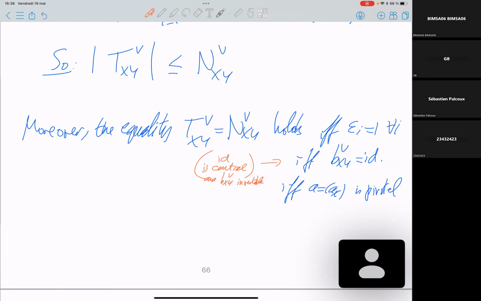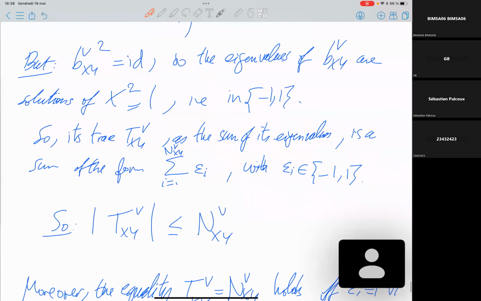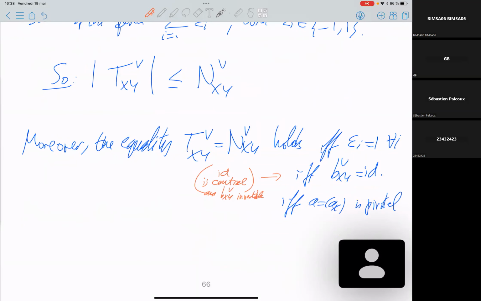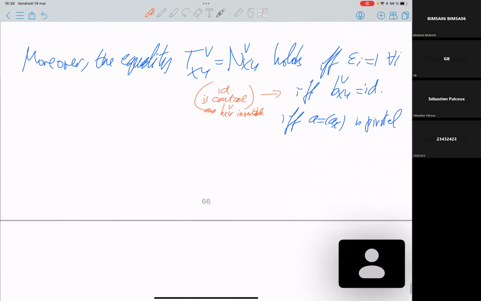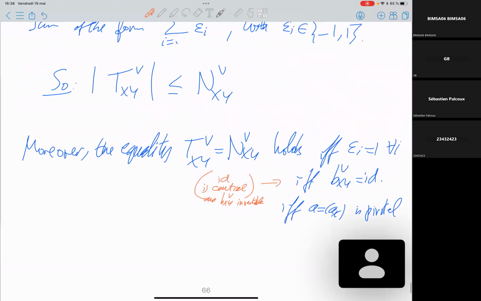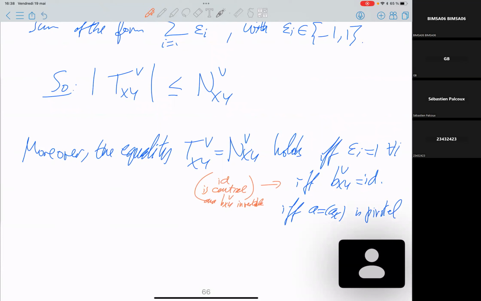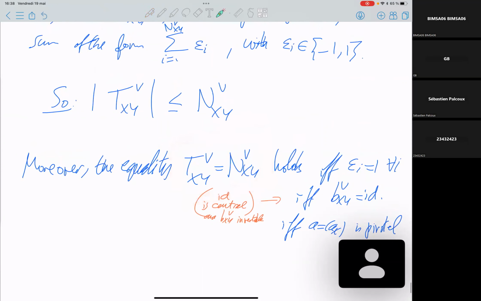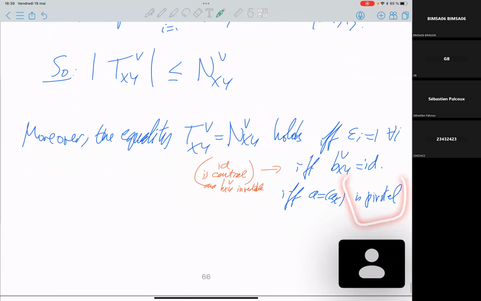I hope it's enough. Identity central, this is invertible. Do you need something else to get only the identity? I hope so. Otherwise, it's just an algebra exercise. Okay. So the equality holds between these two traces if and only if we have the pivotal structure.